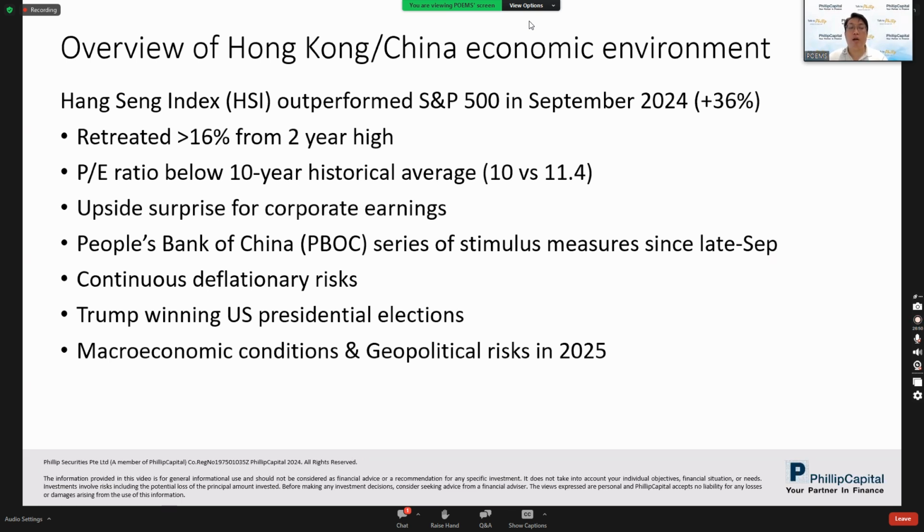One of the ongoing concerns for the Hong Kong and China market is the continuous deflationary pressures. Trump winning the US presidential election might also bring certain headwinds for the Hong Kong and China market. Next, we look at the macroeconomic conditions that the Hong Kong and China market might face for 2025.